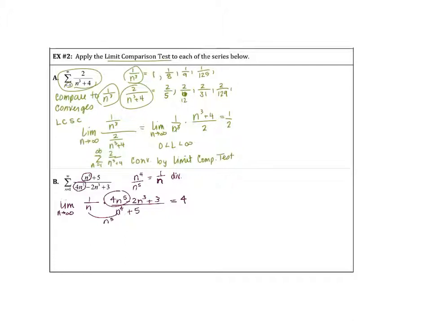So that tells me that our series, the sum from n equals 1 to infinity of n to the 4th plus 5 over 4n to the 5th minus 2n cubed plus 3, we know that is going to diverge, and I know that because I compared it to a divergent series. So this will diverge by the limit comparison test.